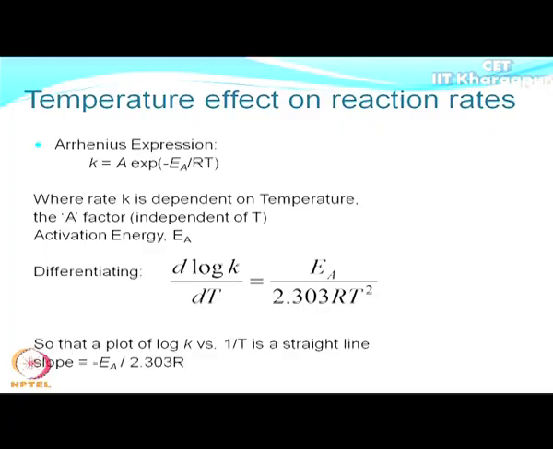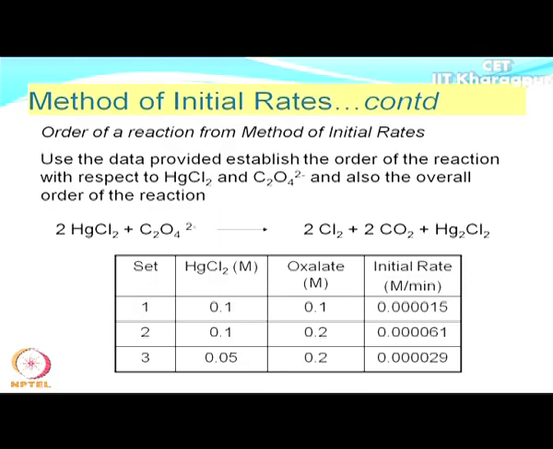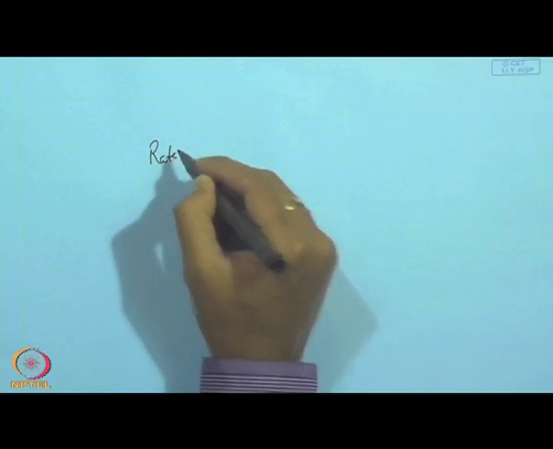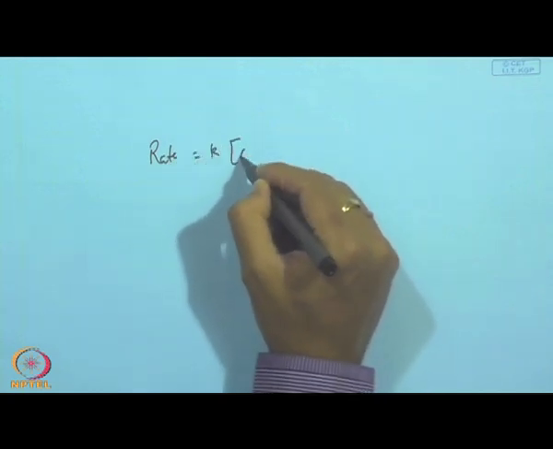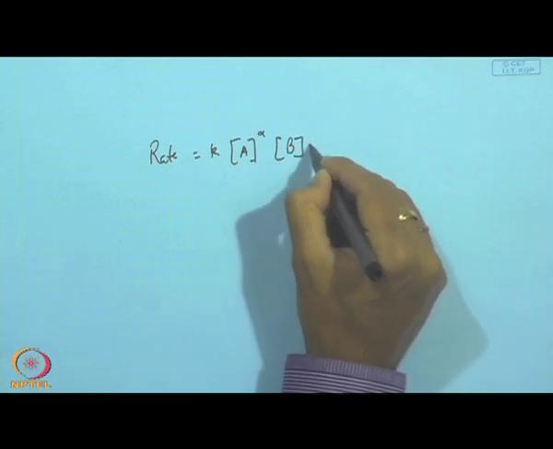Okay. So, what we have learned in this particular part of the discussion is how to use the initial rate method to find out the rate equation, that is, say rate is equal to k into A to the power alpha B to the power beta.